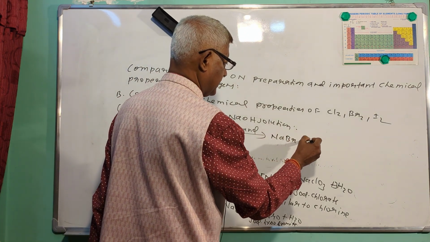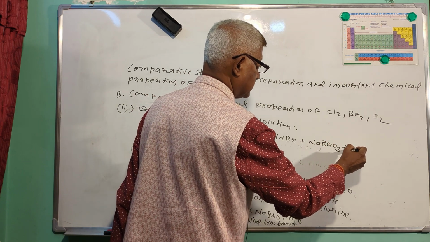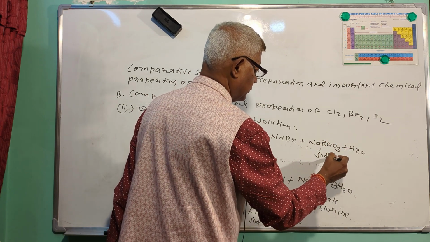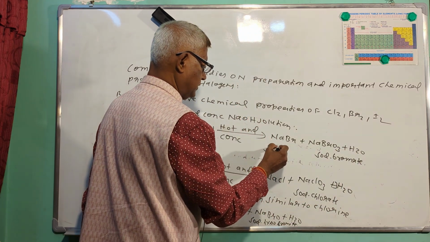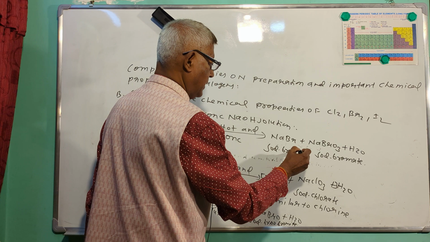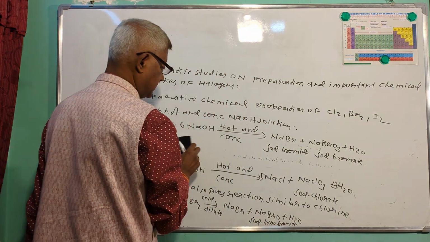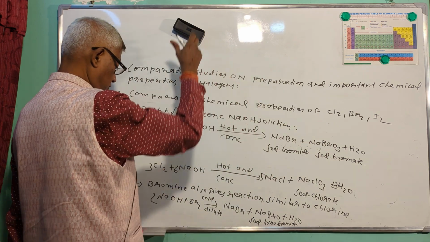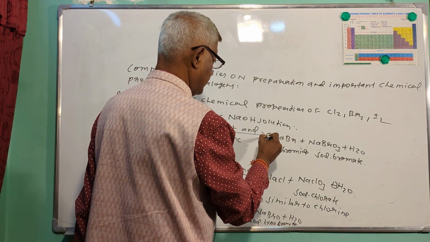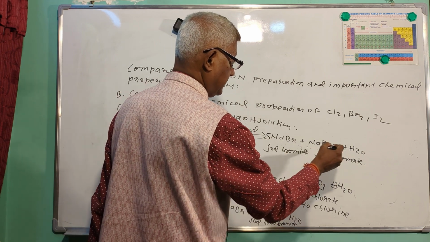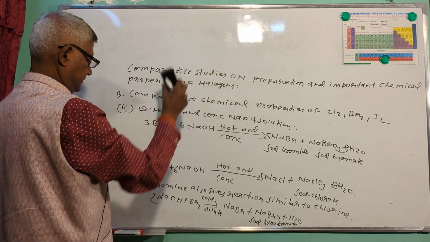Sodium bromide plus sodium bromate. That is sodium bromate, that is sodium bromide. Yes. So the balancing is like this. 3Br2, 6NaOH, right hand side 5 sodium bromide and 3 H2O. Yes. So similar reaction.